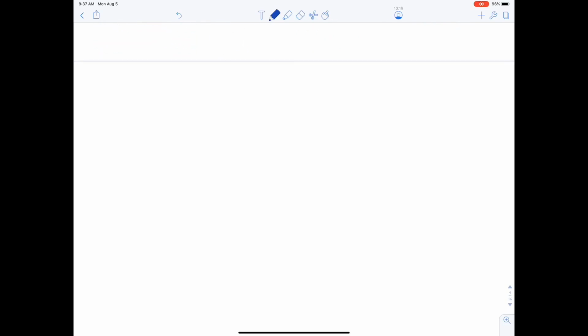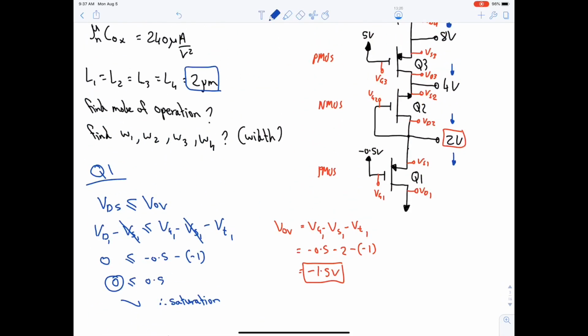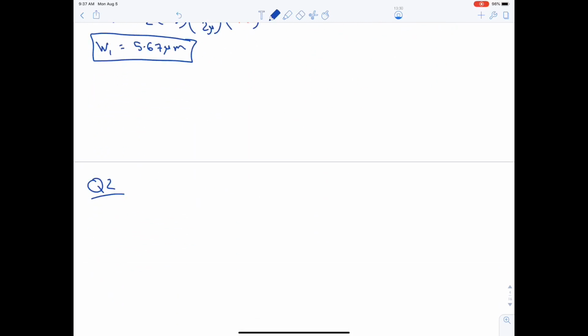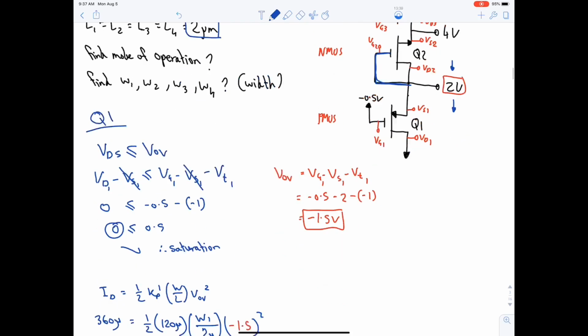Okay, so for Q2, we are talking NMOS here. So for Q2 it's NMOS. So VD, actually here you do not have to check. You know why? Because there's a connection. When there's a connection, then we are in saturation.